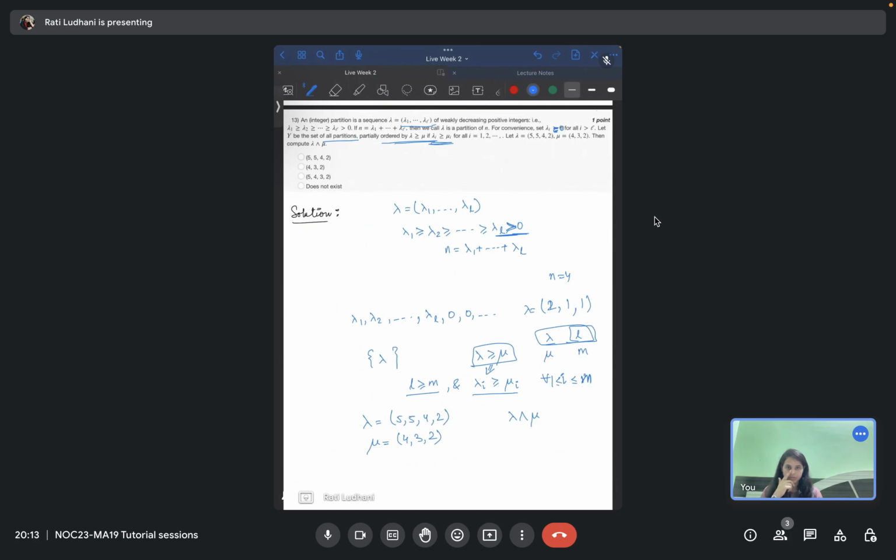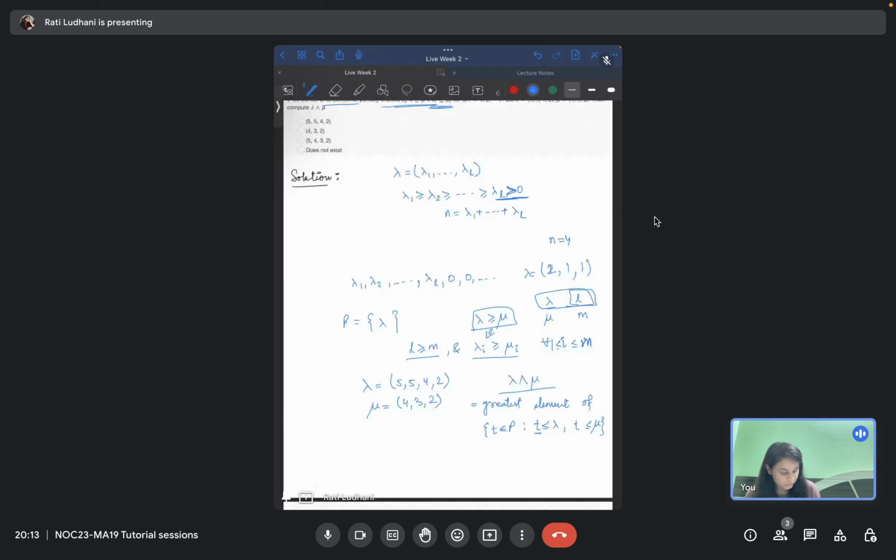Again this will be the greatest element of the set of all t belonging to P such that t is less than or equal to lambda and t is less than or equal to mu. Sorry, I should write greatest because you are talking about meet. So the greatest element of this set.